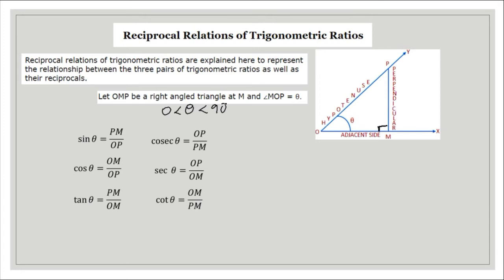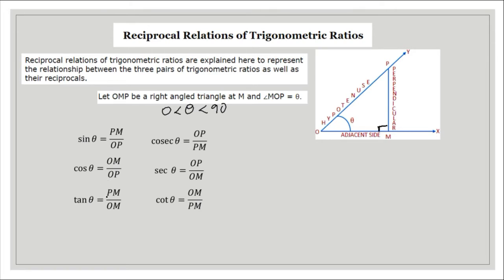Once again, I'll let you know this. We have sin theta, which is opposite by hypotenuse, in other words perpendicular by hypotenuse. Perpendicular is PM, hypotenuse is OP. Cos theta is adjacent by hypotenuse, in other words it is base by hypotenuse, it is OM upon OP.